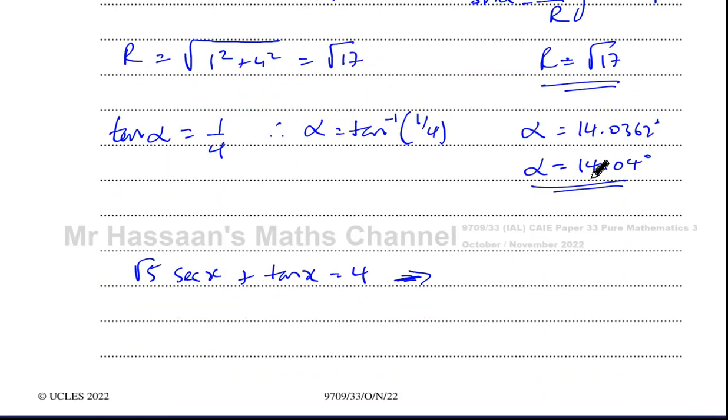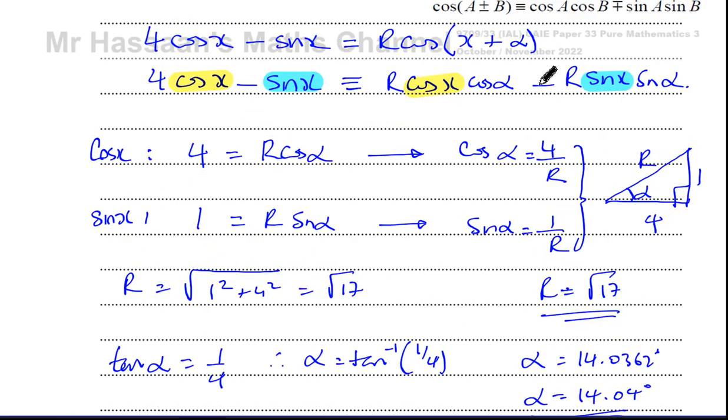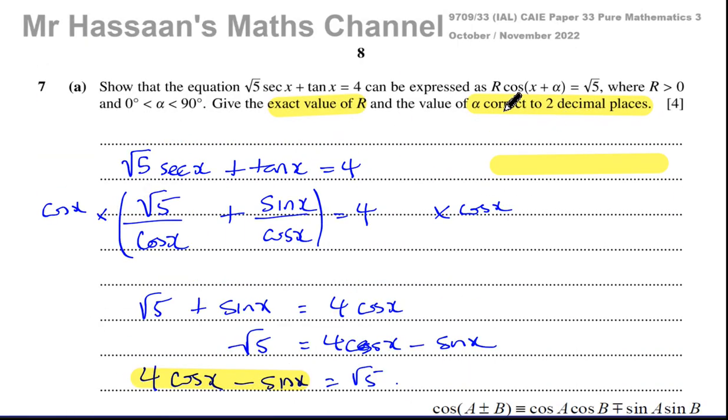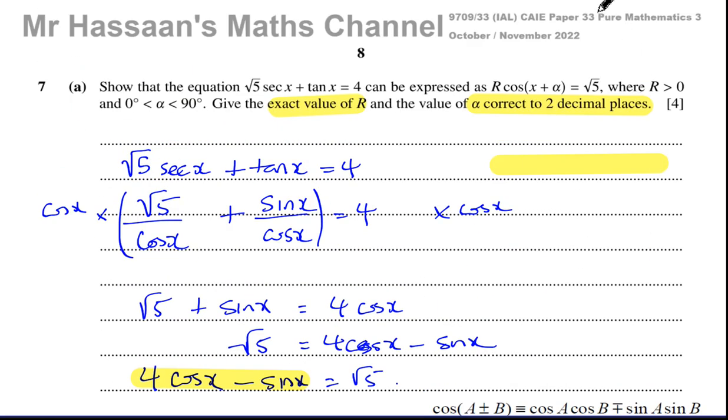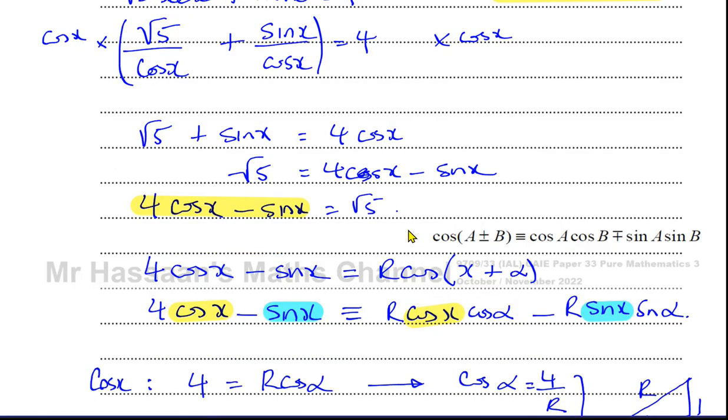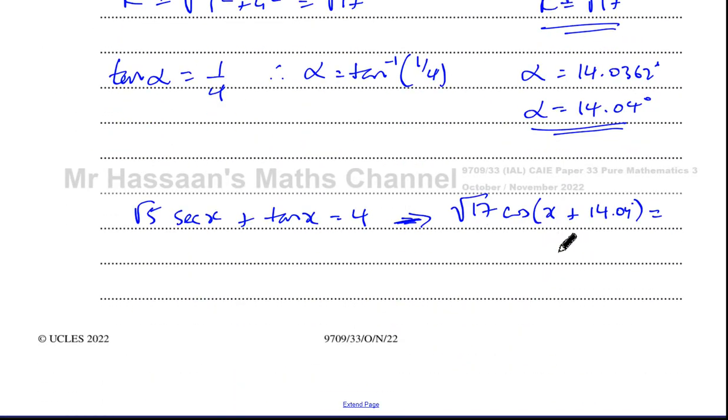So root 17 cosine x plus alpha, which is 14.04 degrees, is equal to root 5. You see here, equals root 5. That's what we got there.